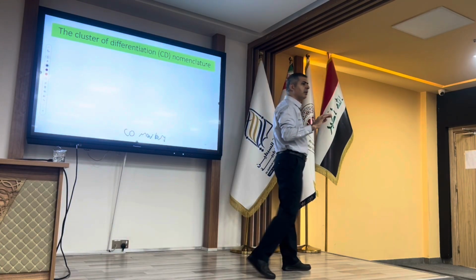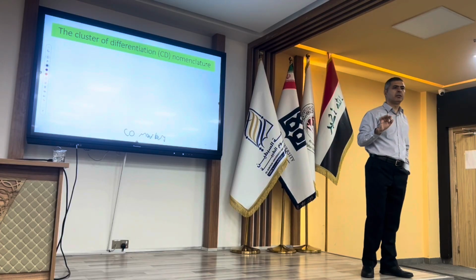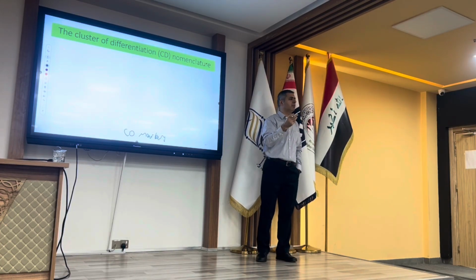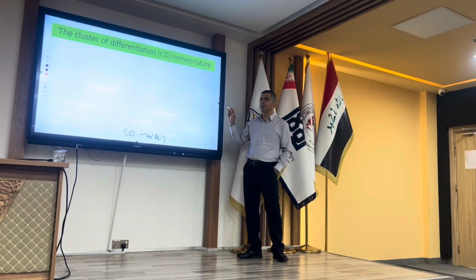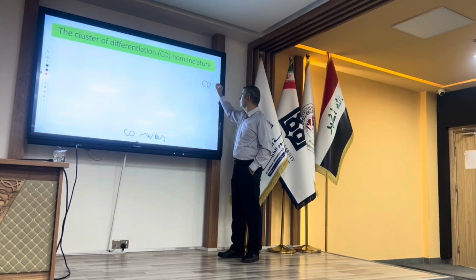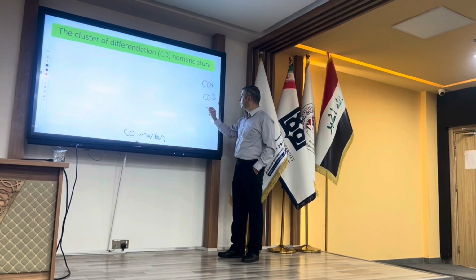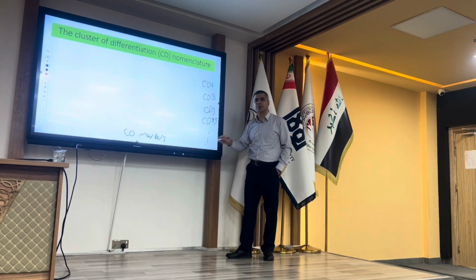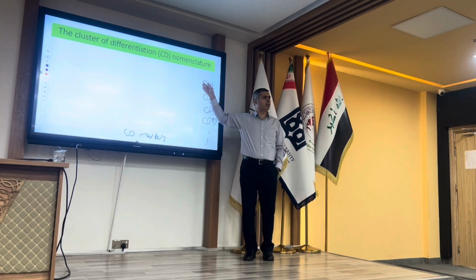Yes. What do you know about CD markers? You've heard about them. Can you tell me what CD numbers you have heard until now? CD4, CD8, CD3, CD45, CD19, CD56, and so on. So what are they?